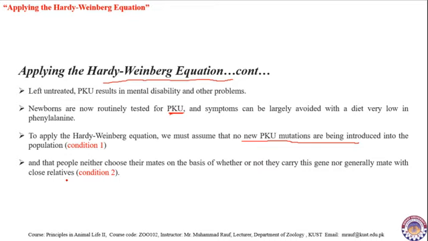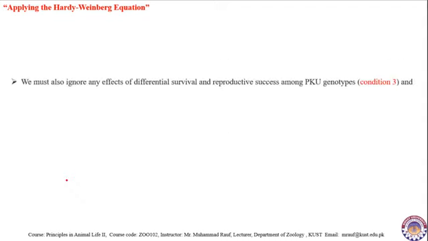So the mating between individuals should be random, not on the basis of similarities in the physical features or because of close relatedness. Means those affected individuals should mix up equally in the population with others like the normal individuals.